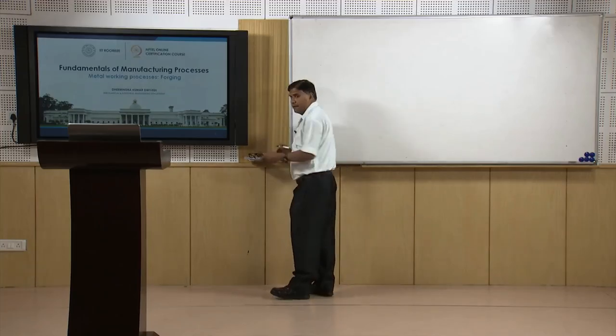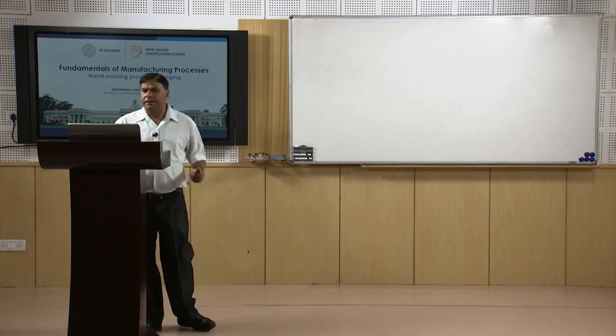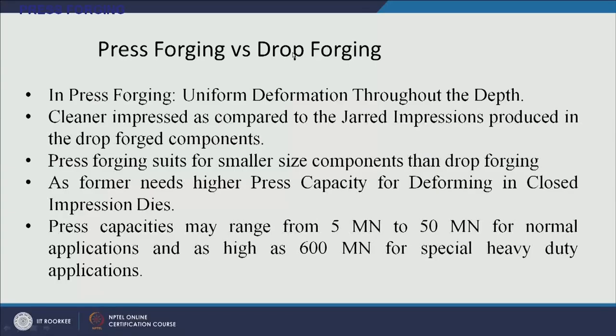Just for comparison purposes, as I have said, take press forging and drop forging. In press forging, there is uniform deformation throughout the depth, and the surface is cleaner as compared to drop forged products, because drop forged products have the jarred impressions.